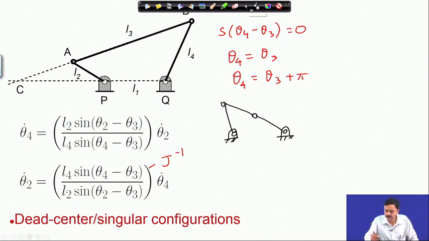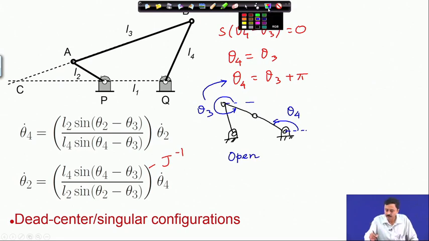So, this is the case, this is theta 4, and remember this is theta 3. So, this is the situation in this case, theta 4 is theta 3 plus pi. So, this is the open configuration. There is another configuration corresponding to the first case.